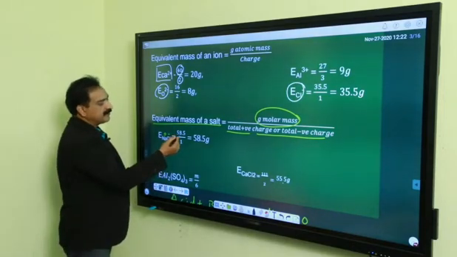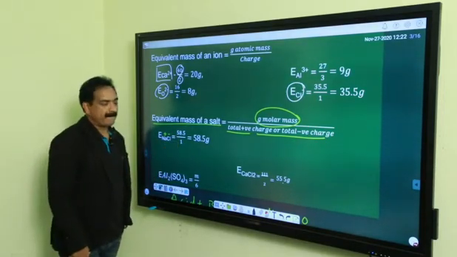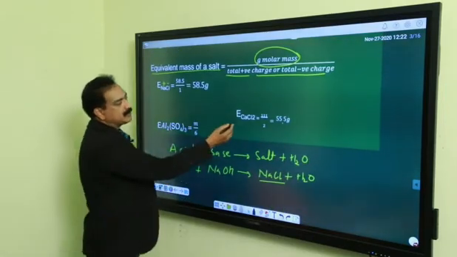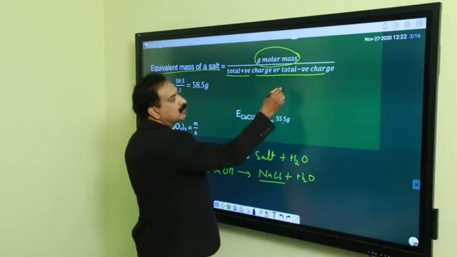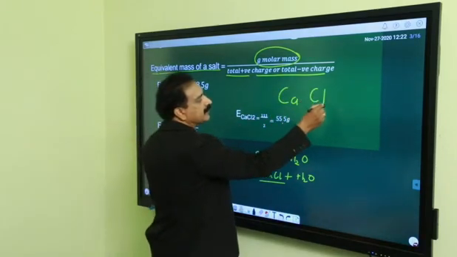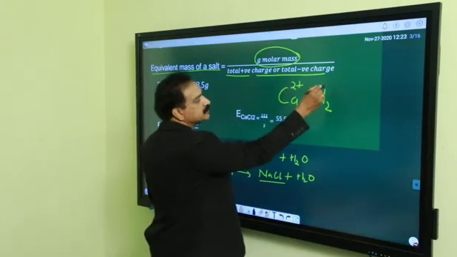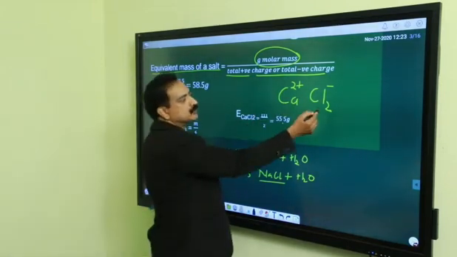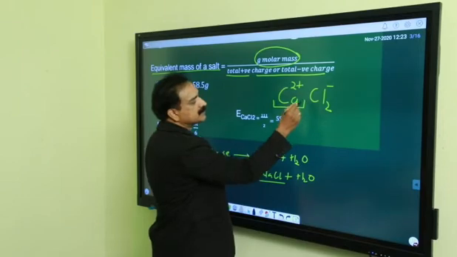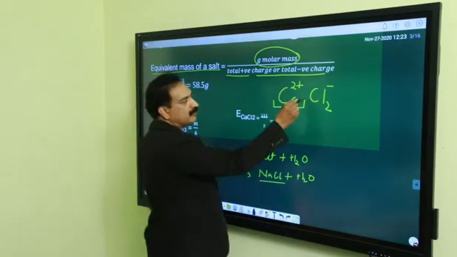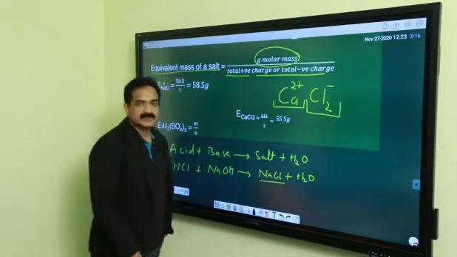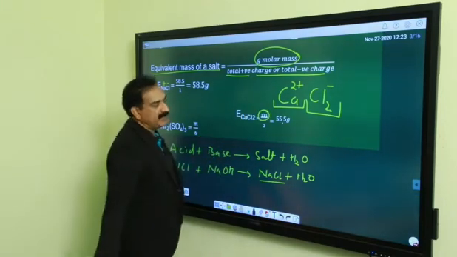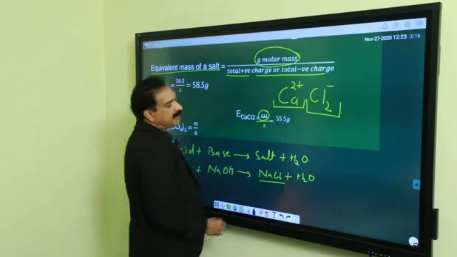So it is 58.5 divided by 1, that is 58.5. If you look at calcium chloride, CaCl2, the calcium valency is 2 and the chloride valency is 1, so 1 into 2 is 2. So the total positive charge is 2 positive and the total negative charge is 2 negative. So it is the molar mass, 111, divided by 2.